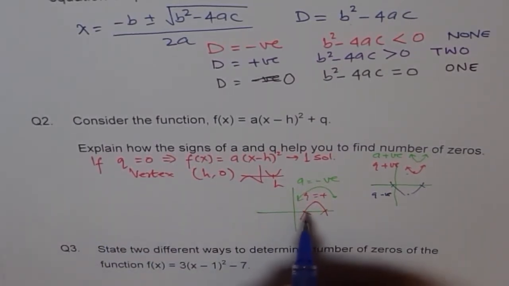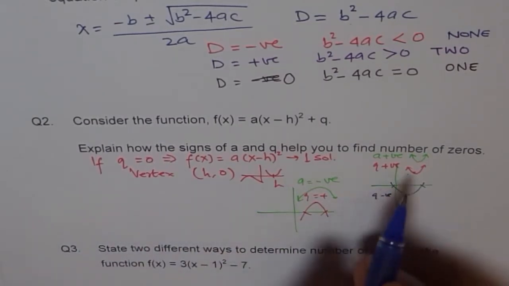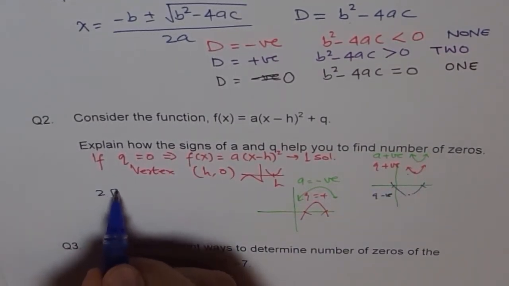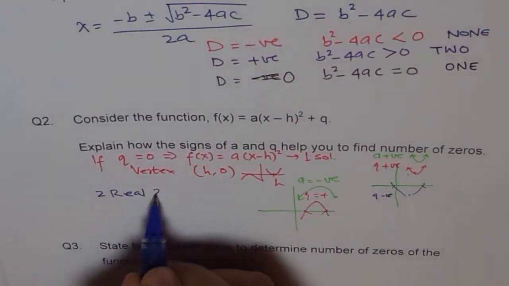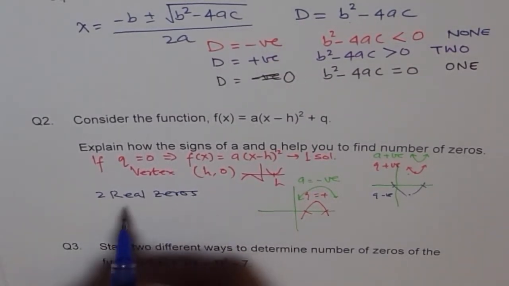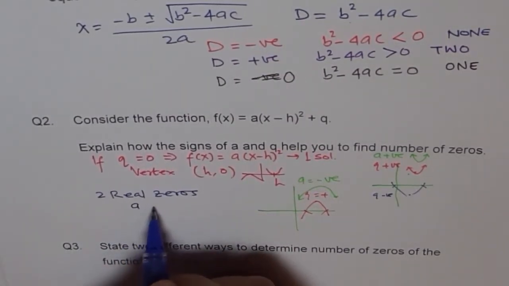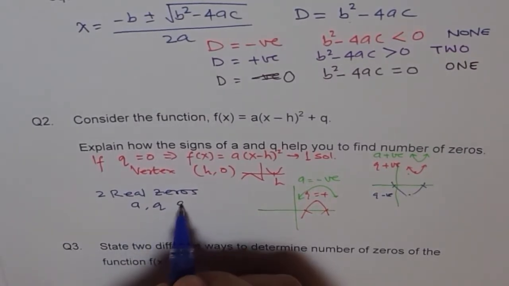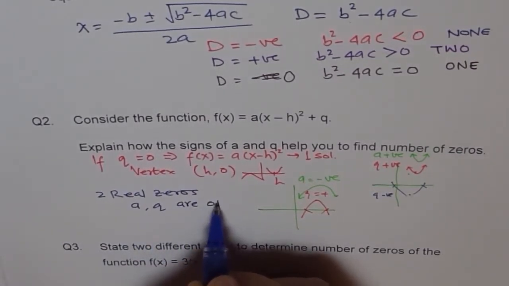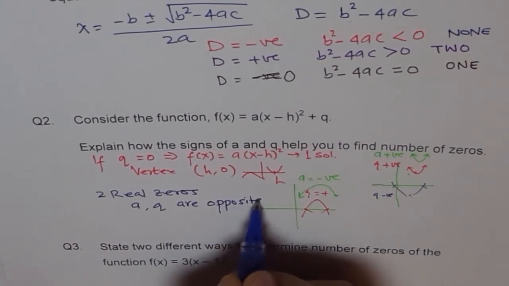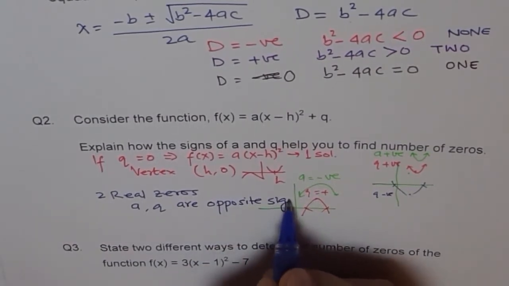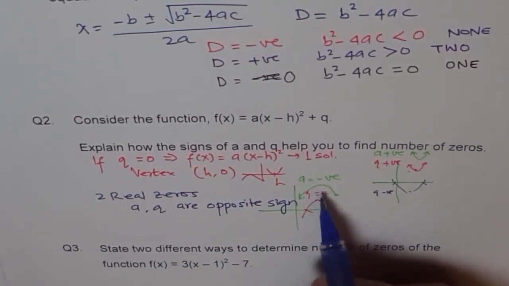So the condition for two real zeros, you will find when a and q are of opposite signs. Is it okay? Does it make sense? Do you see negative and positive?